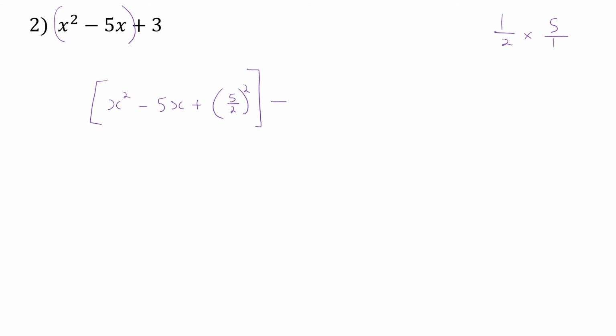And on the outside I have plus 3 minus, again, 5 over 2 all squared. And these are those that usually throw off students. But again, it's simple. Just follow the rules. So again, remember outside now, or when we're solving now, we have x plus whatever half of b was is what will come inside here. So in this case, it's 5 over 2.